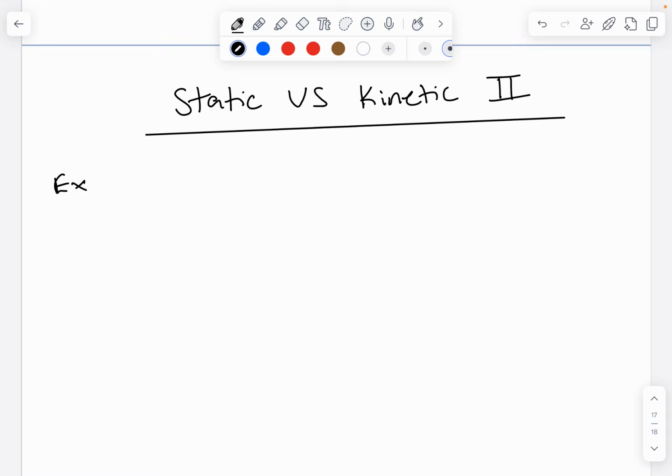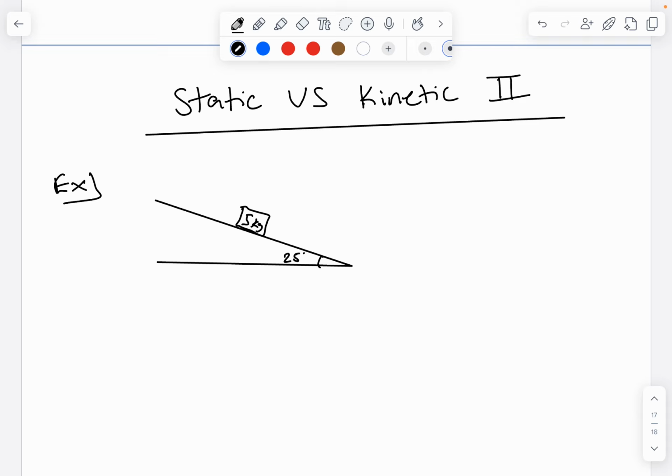So we have an example. We have a 5 kilogram box which rests on a 25-degree inclined plane. So we have a plane like this. We have a box that rests on it. The box is 5 kilograms, and the angle is 25 degrees.